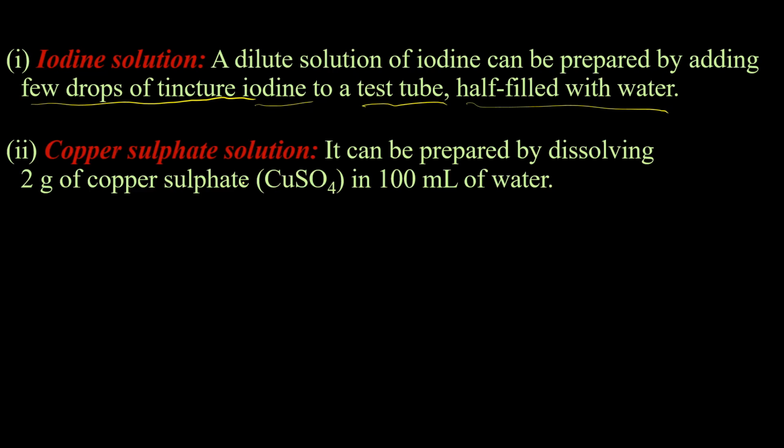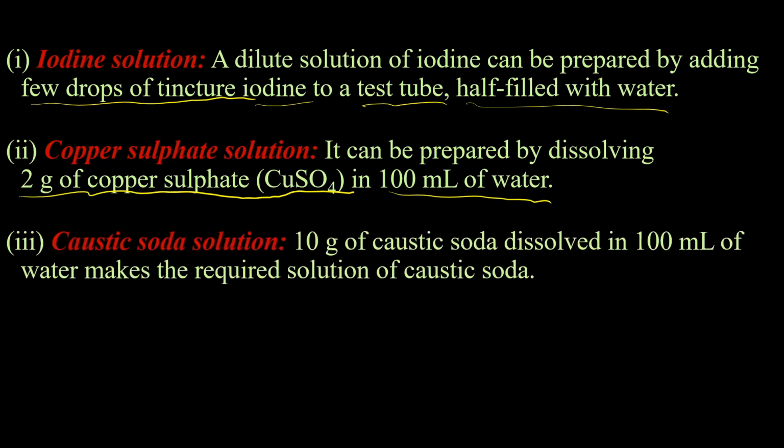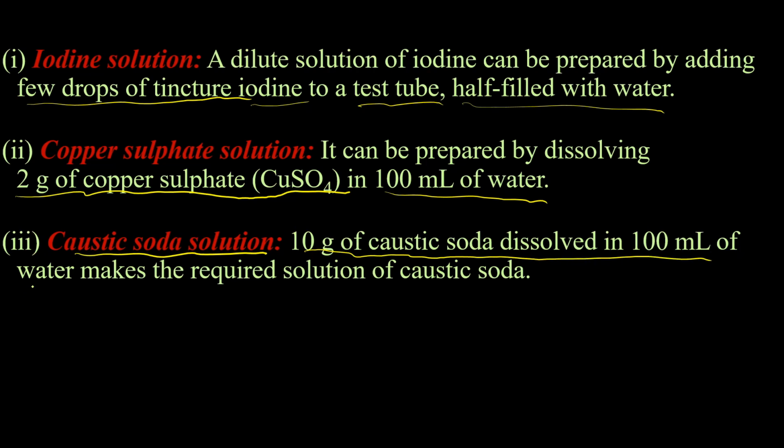Copper sulfate solution: it can be prepared by dissolving 2 grams of copper sulfate, CuSO4, in 100 ml of water. Caustic soda solution: 10 grams of caustic soda dissolved in 100 ml of water makes the required solution of caustic soda.